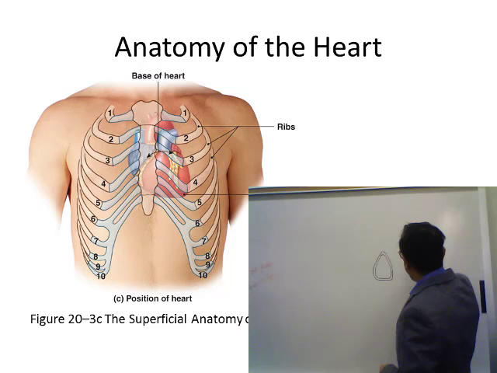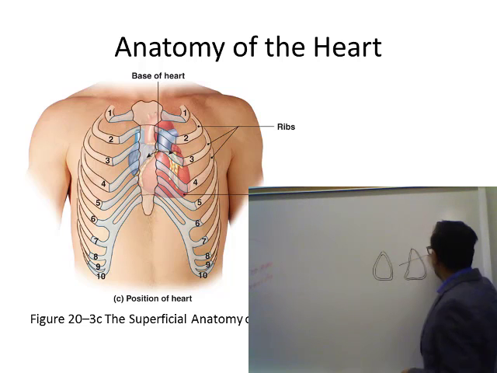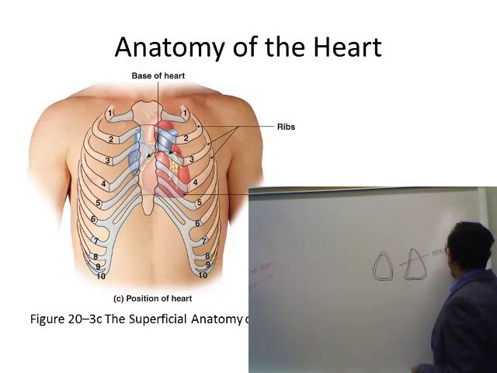Between two lungs or two pleural cavities, and your heart is located here. Okay, so this is your heart, and this pointed lower left end is called the apex.